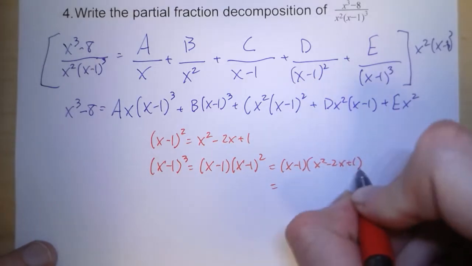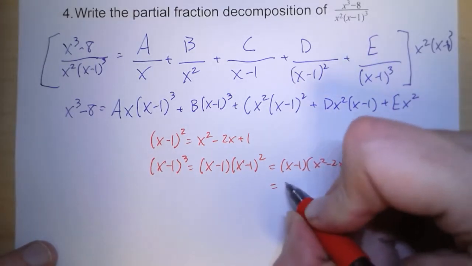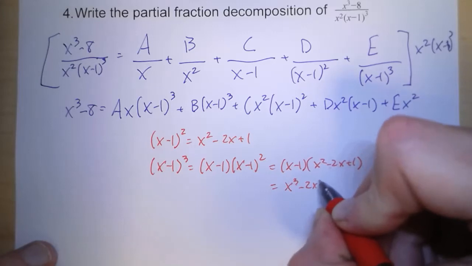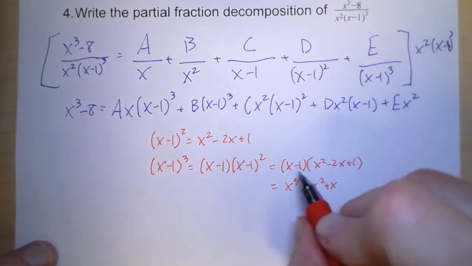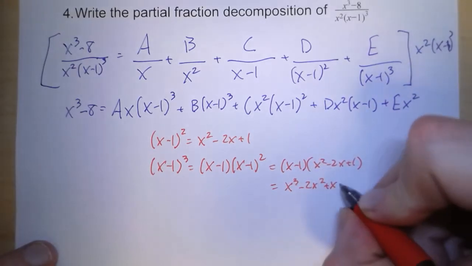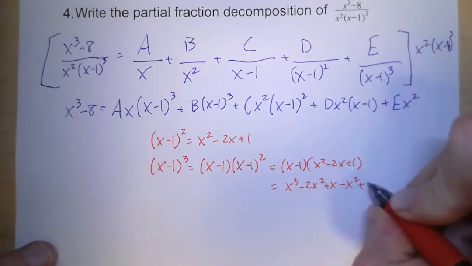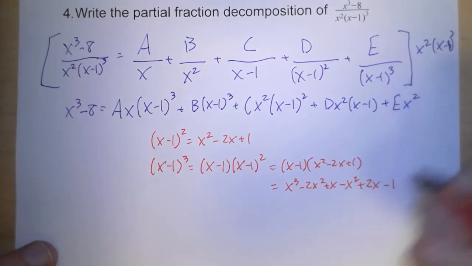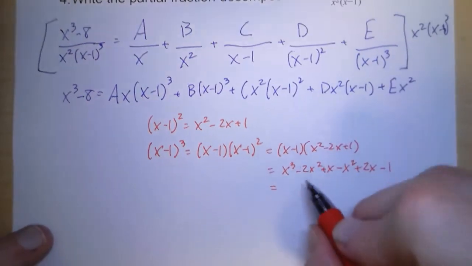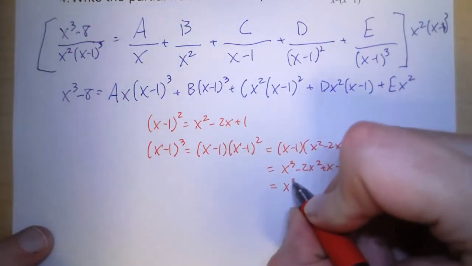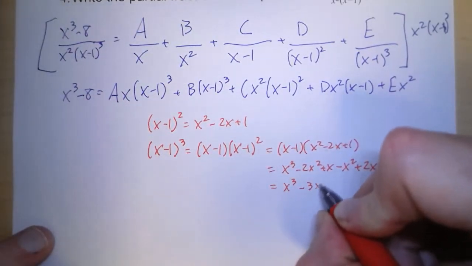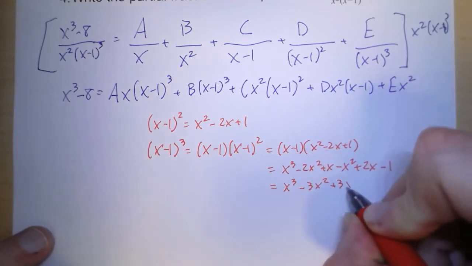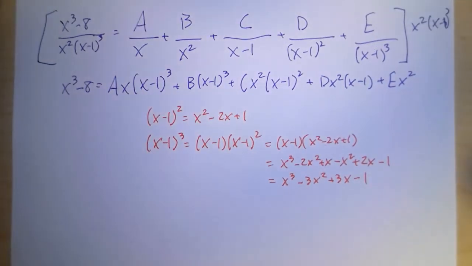So if I multiply everything in this by x, I get x cubed minus 2x squared plus x. Then we multiply everything by negative 1, minus x squared plus 2x minus 1. So altogether, this is going to equal x cubed minus 3x squared plus 3x minus 1.